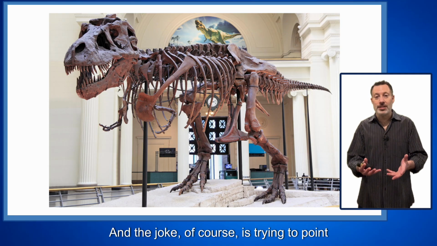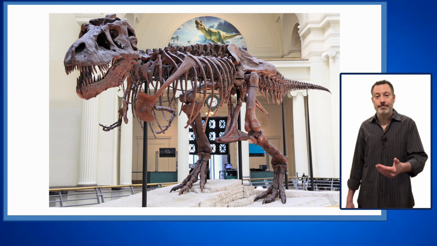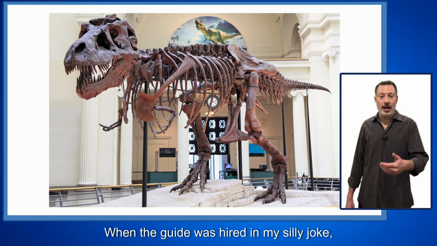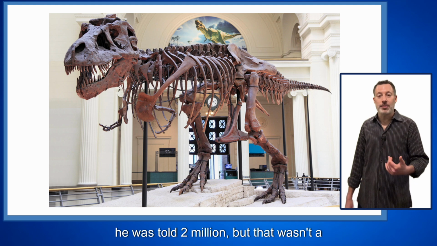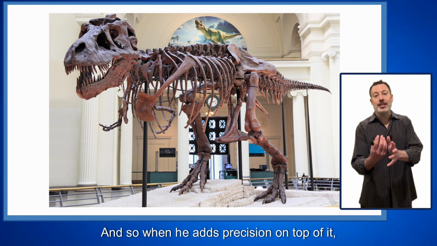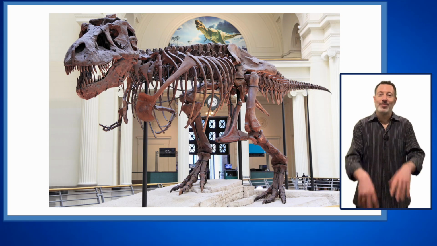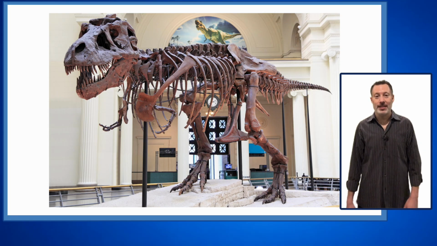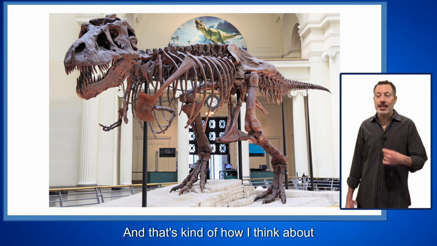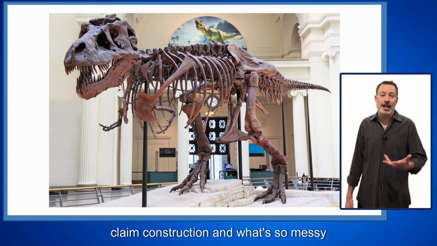And the joke, of course, is trying to point out the problem of false precision. When the guide was hired in my silly joke, he was told 2 million, but that wasn't a perfectly precise number. And so when he adds precision on top of it, the number of days he worked at the museum, you're missing the point. False precision. And that's how I think about claim construction and what's so messy about it.